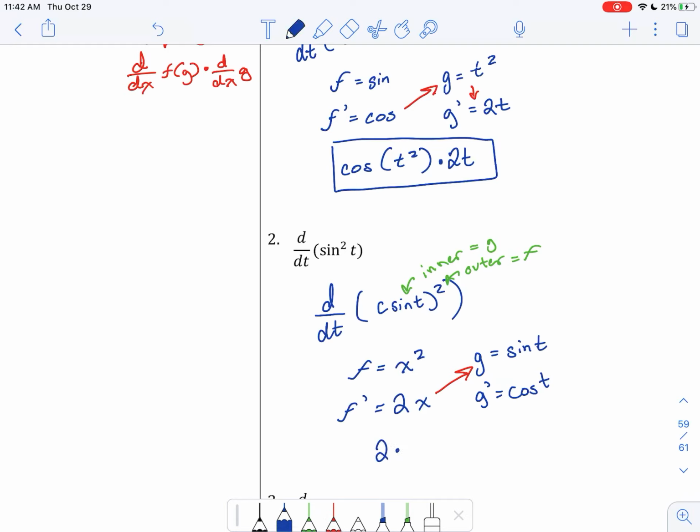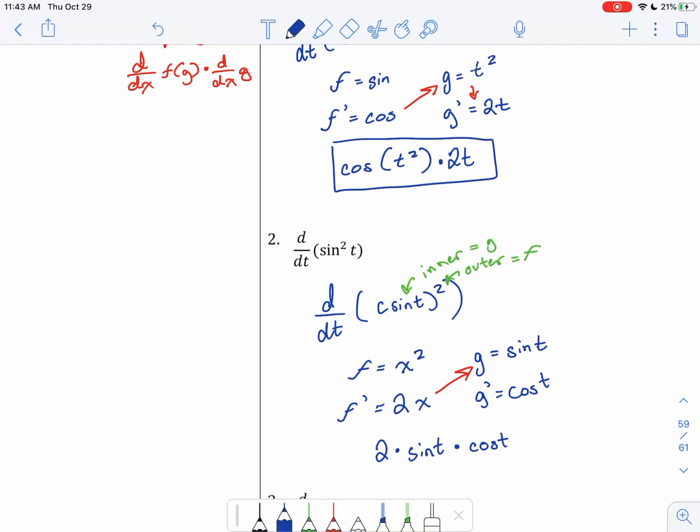So we end up with 2 times sine of t times the derivative of that inner one, which is cosine of t. So here, if you can imagine, the squared comes down, minus 1. So that's how you get 2 sine of t, and then multiply by cosine of t.